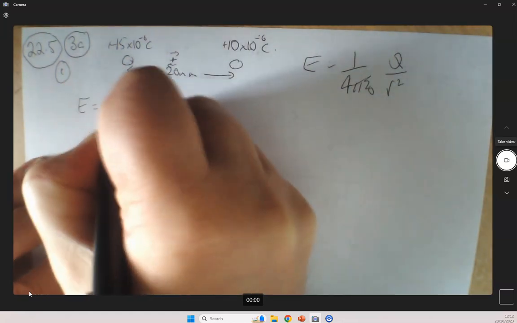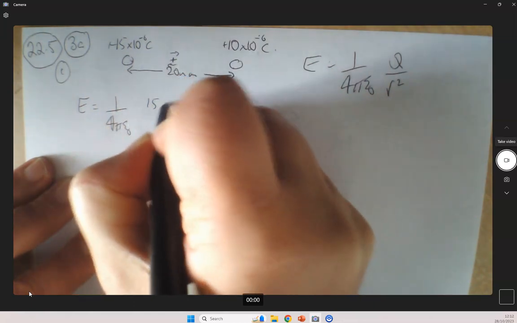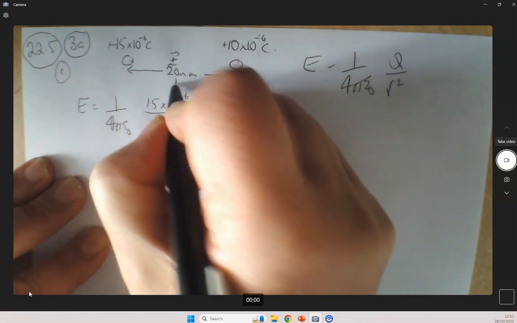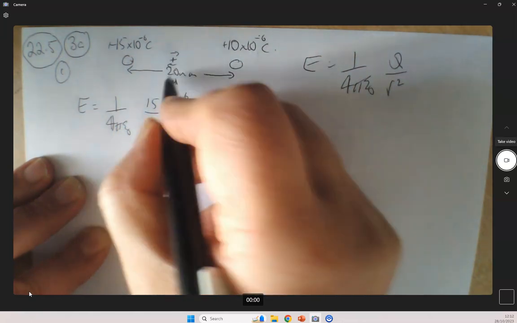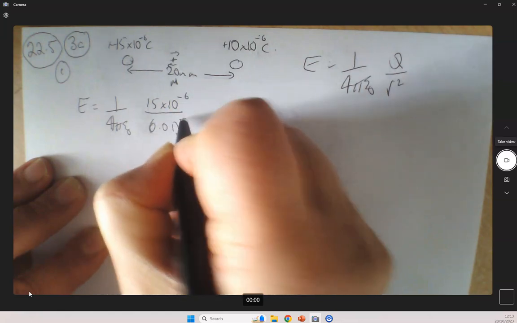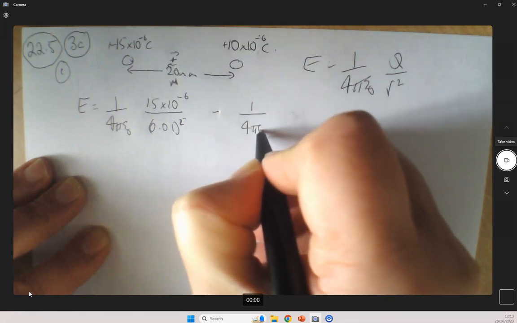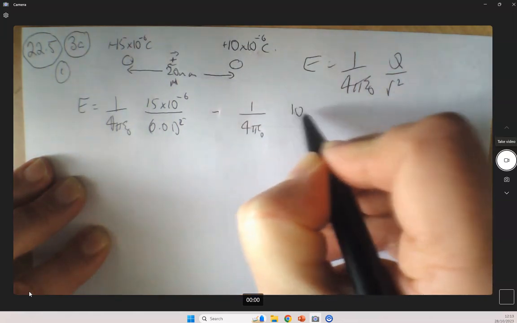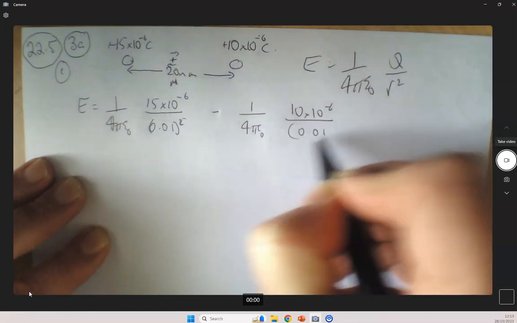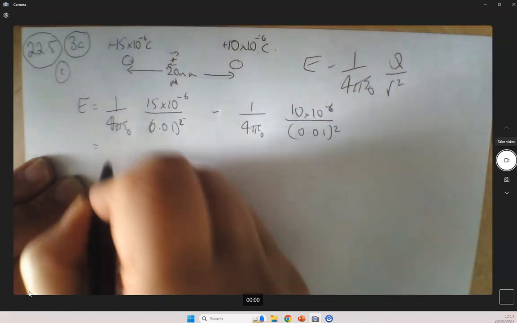So my overall electrical field strength is 1 upon 4 pi epsilon naught, 15 times 10 to the minus 6, divided by, now it's at the midpoint M they're interested in, so that's 10 millimeters away, or 1 centimeter. So I've got 0.01 squared as the separation, and I'm going to have to subtract 1 upon 4 pi epsilon naught, 10 times 10 to the minus 6 upon 0.01 squared. To make it slightly easier in the calculator, I'm going to take out the common factors.